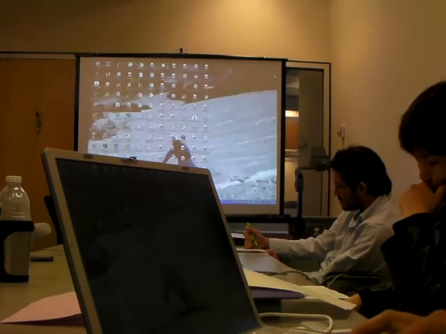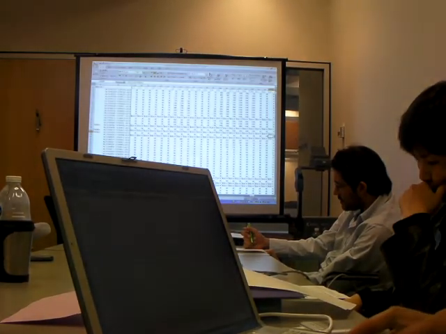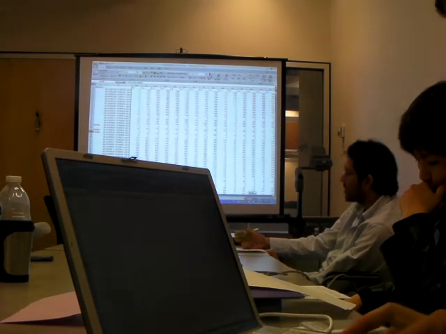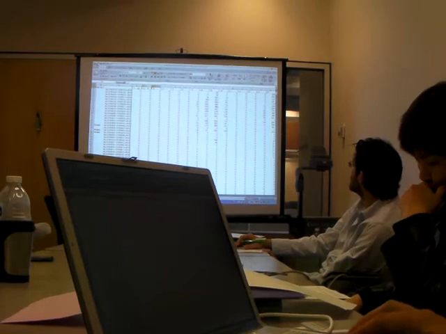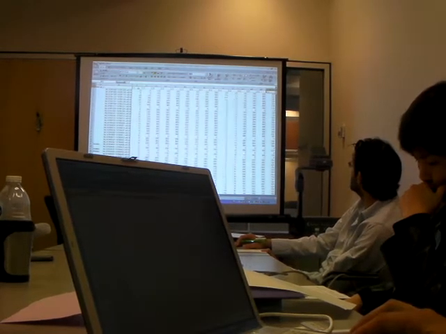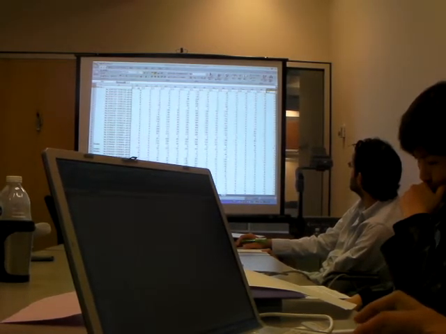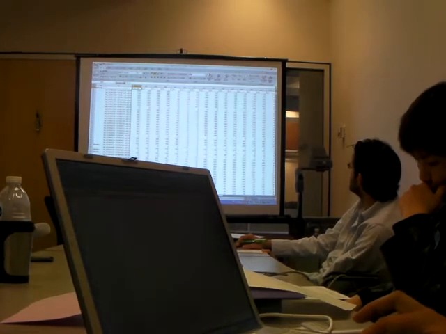So this is the data set I generated so far. This is the position from 11 to 1010, so the hundred cells are here. Generating the data sets takes time.